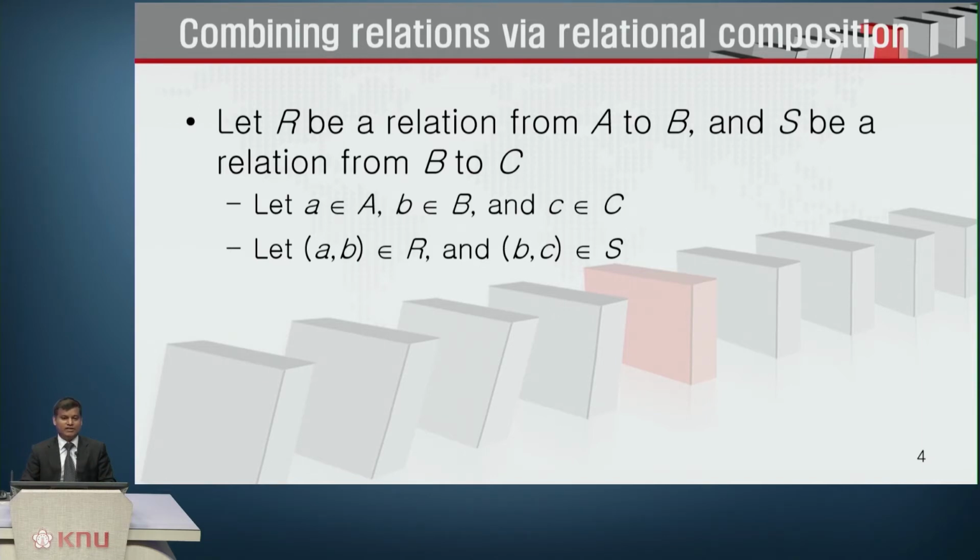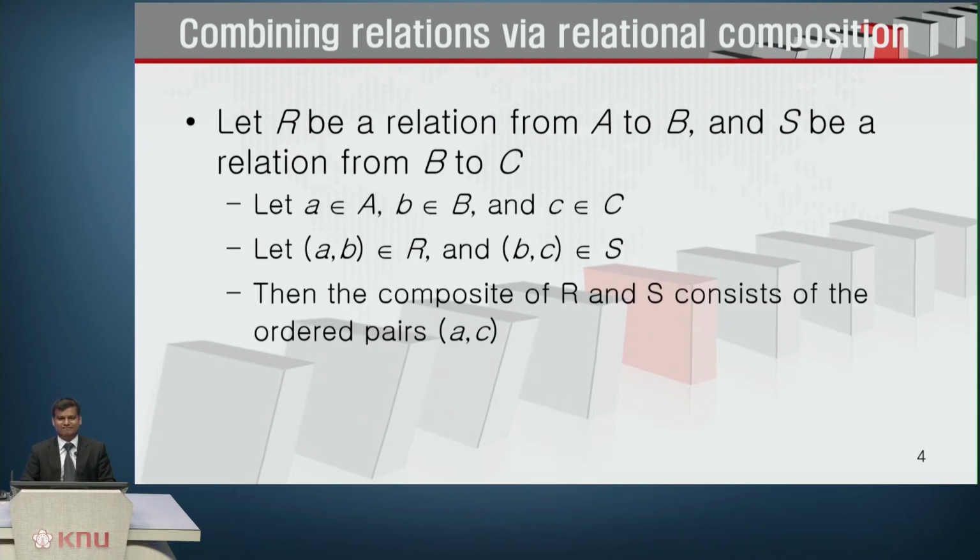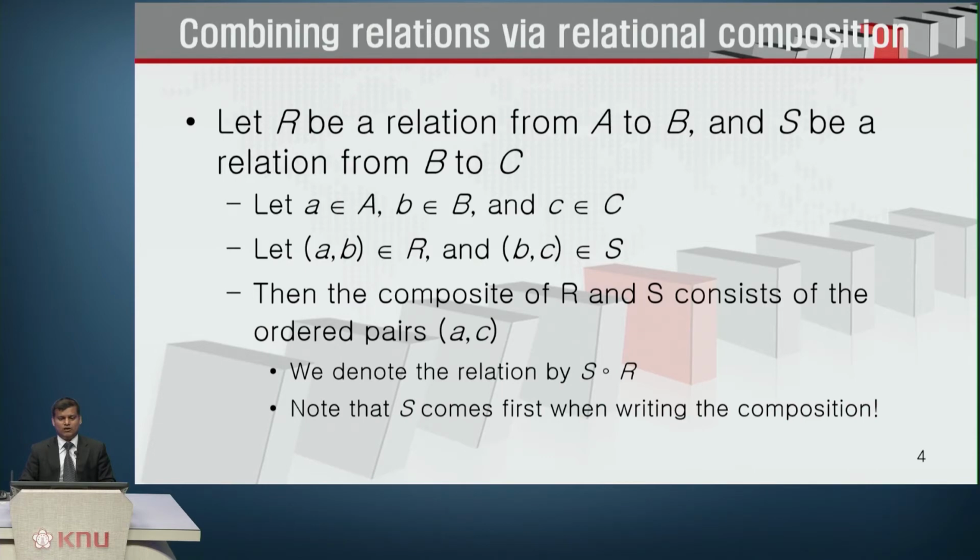Let (a, b) be an element of R and (b, c) be an element of S. Then the composition of R and S consists of the ordered pairs (a, c). We denote the relation by S composition of R, S∘R. Note that S comes first when writing the composition.